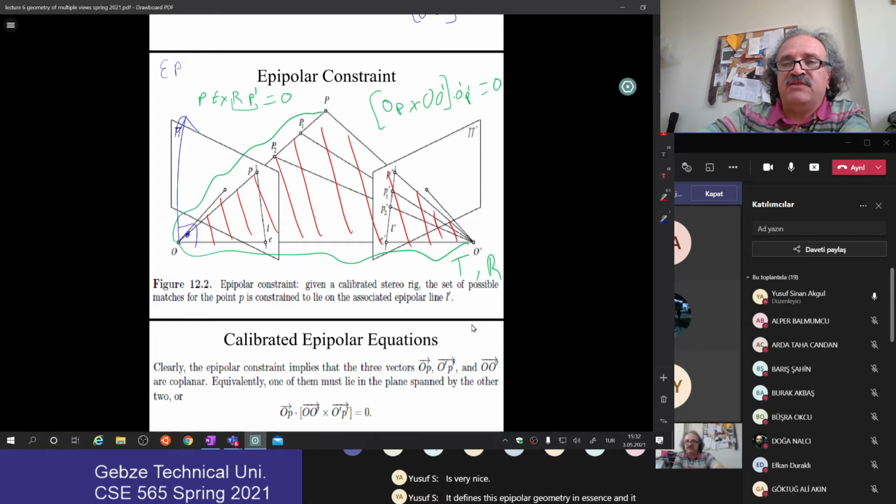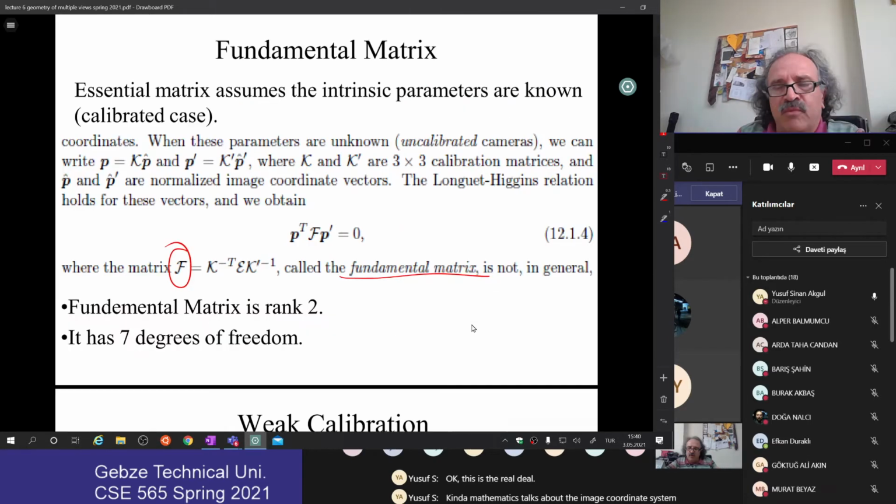As much as we love the essential matrix, we love the fundamental matrix even more, because the fundamental matrix talks about the image coordinate system. This is the real deal. For most stereo things, if geometry is involved, we use the fundamental matrix.